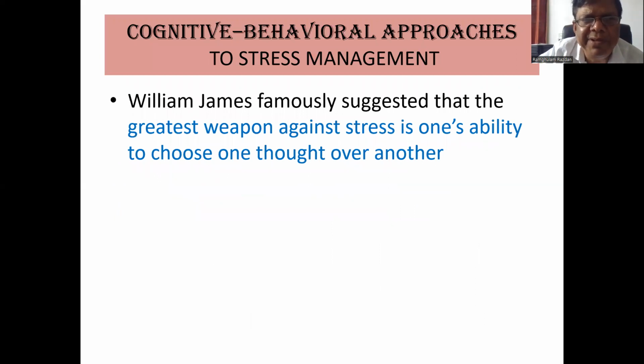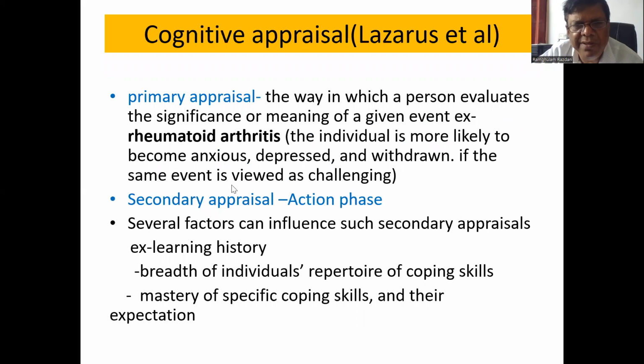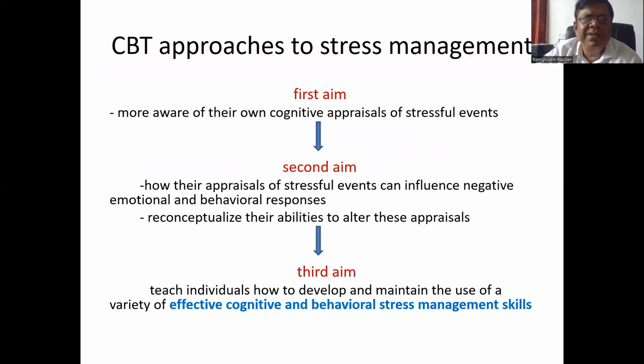Now, cognitive behavior therapy. William James, one of the famous psychologists, suggested that the greatest weapon against stress is one's ability to choose one thought over another. The CBT program is also essential for teaching. The first aim is to make us more aware of our cognitive appraisal of the stressful event.